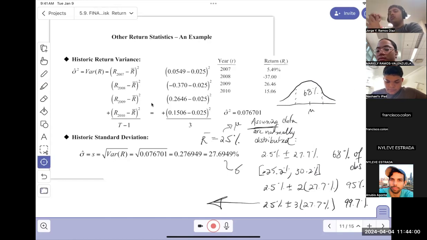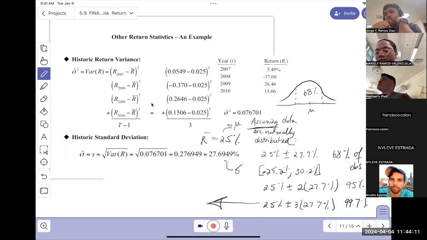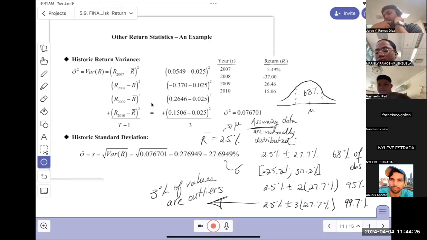The fact that a normal distribution covers 99.7% within 3 standard deviations of the mean means that 0.3% of extreme values are outliers. Extreme values on this data set.